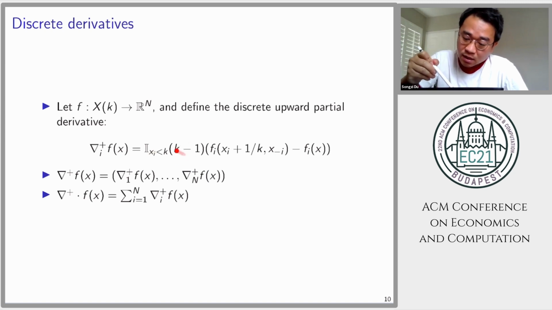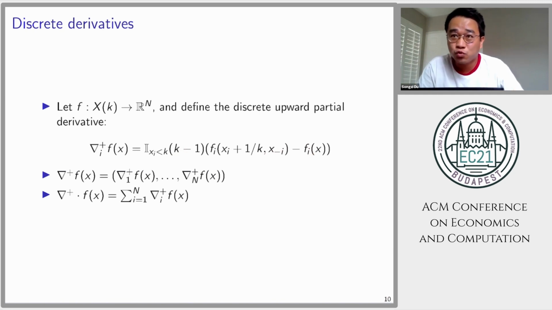And this is right, this is not a typo. Actually, it becomes convenient to normalize the discrete derivative not by K but by K minus 1. But of course, when K is large, this is almost the same as the usual definition of a discrete derivative.